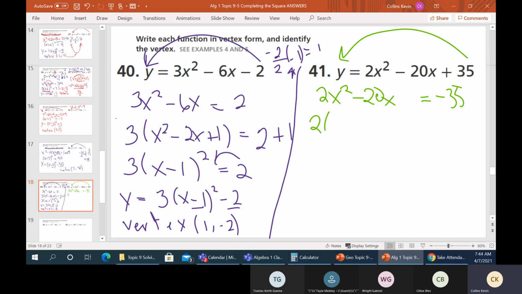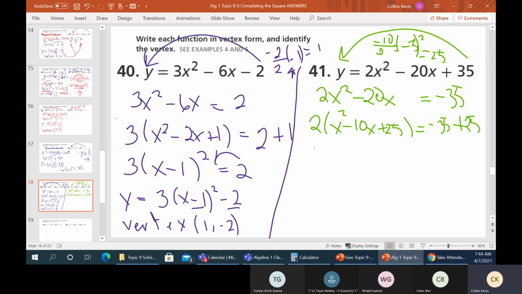Factor out a 2, then you're going to get x squared minus 10x, and that equals negative 35. Again, we do the same thing. We take minus 10, divide by 2, and that's minus 5. We take minus 5 and square it, and we get 25. So we're going to add 25 here, and add 25 here.